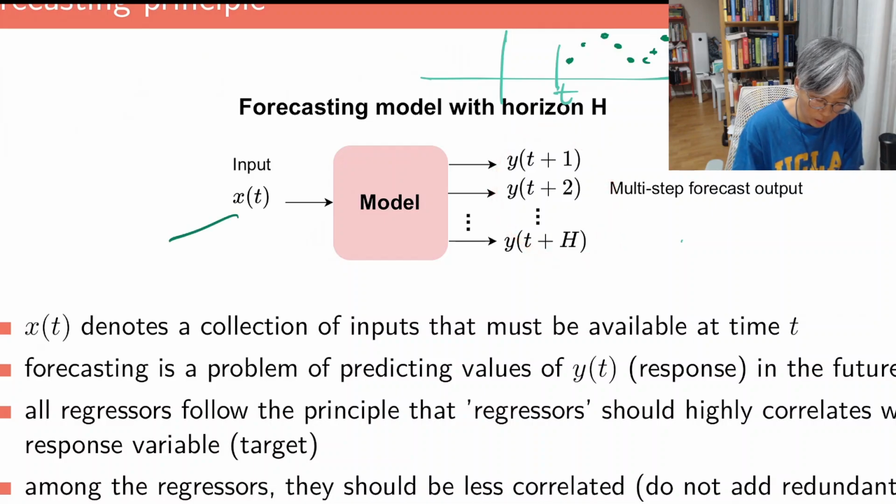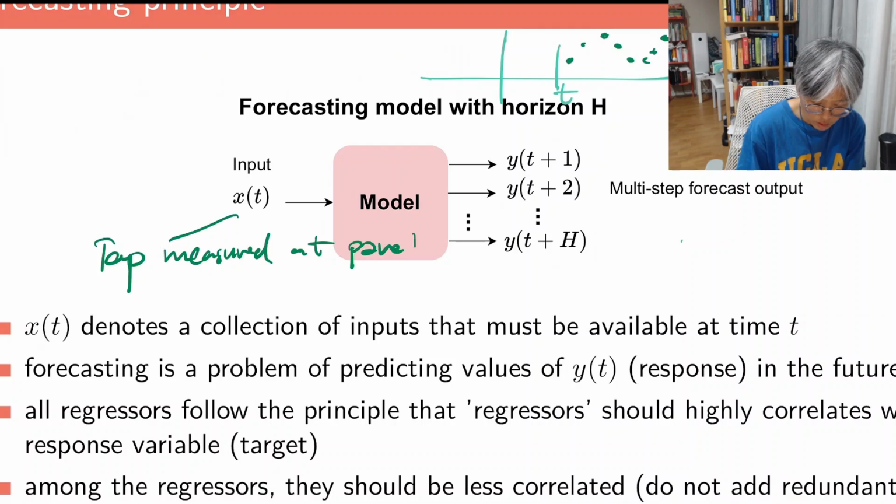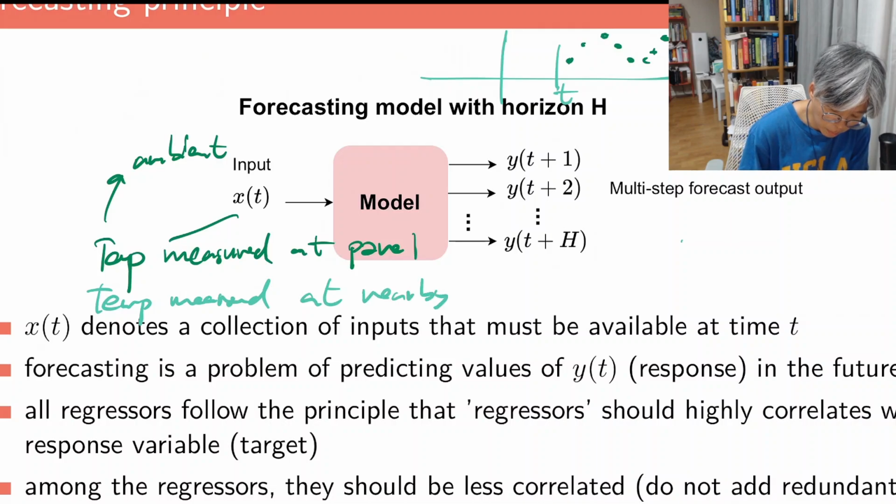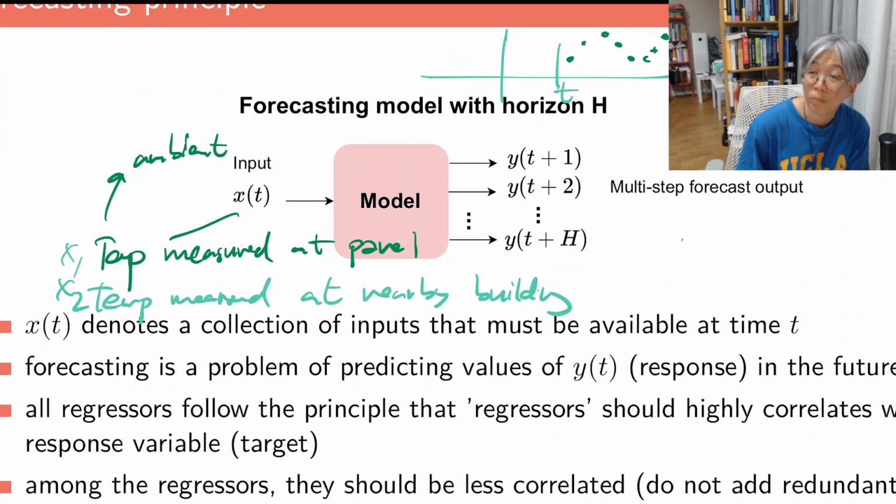For example, if you pick X to be the temperature that you measure at the solar panel, so suppose this is the ambient temperature, and you also pick another X that is the temperature measured at the nearby building, suppose you pick X1 and X2.